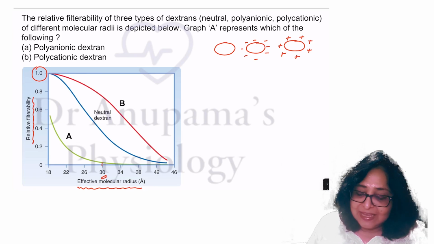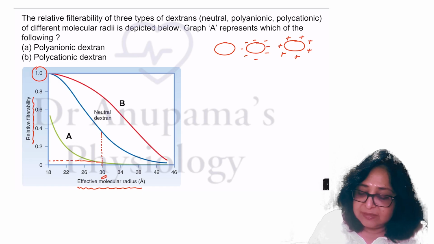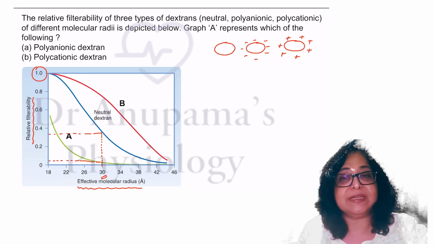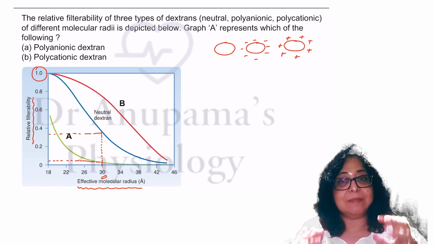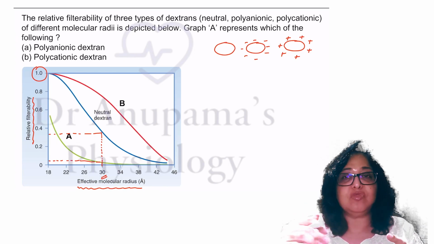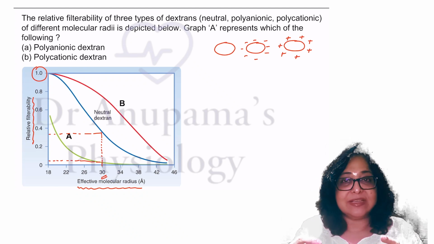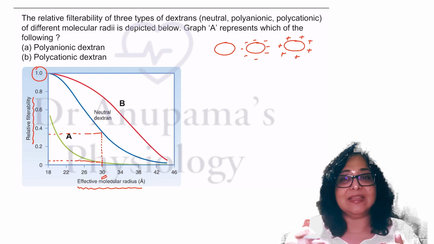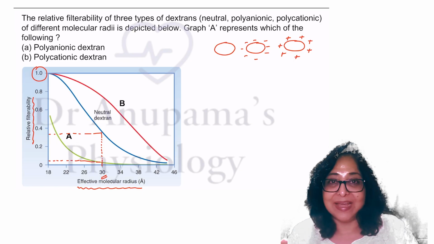Substance A has the least filtrability. Then we have the neutral dextran, which has a slightly higher filtrability, same radius as substance A, but substance A has some charge on the surface and the neutral dextran does not have any charge. So the neutral dextran has a higher filtrability than substance A of the same molecular radii.